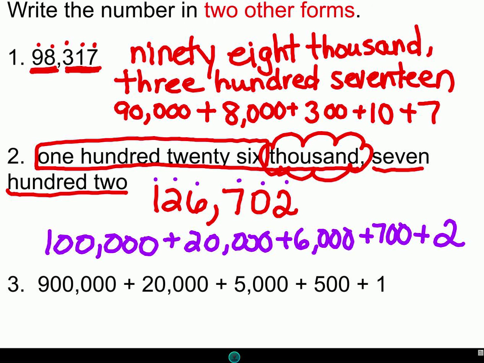Okay? So we have 900,000 plus 20,000 plus 5,000 plus 500 plus 1. All right? So we can see that this number goes up to the 100,000s. How do I know? Because it's in 900,000.